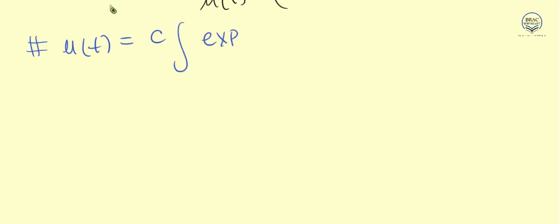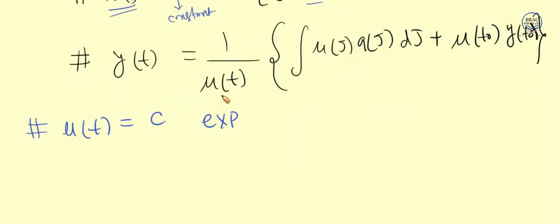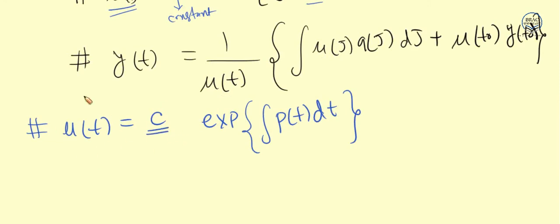So before I move on, I want to emphasize one thing. You are seeing that mu of t is some c, then there is some exponential. Sorry, the integral will be over there, not over here. Because of this c that is a constant, you can get many of these mu's. That is, if you take c equals to 1, you can get some mu function.